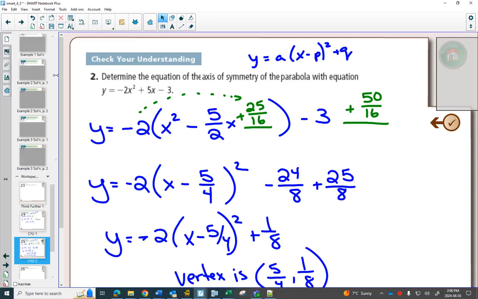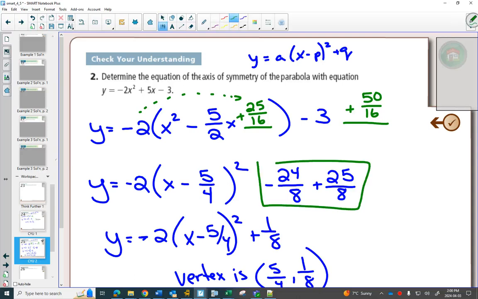Where did the 24 over 8 go? These are like terms. Where did it come from? I'll do it over here in purple. I have negative 3 over 1. I want a denominator of 8 so that I could add with this one. Because if I add fractions, I need a common denominator.